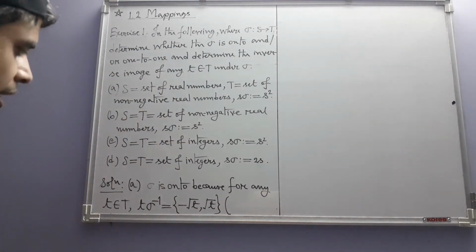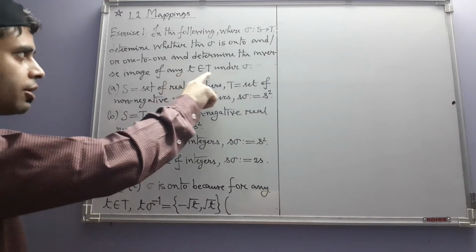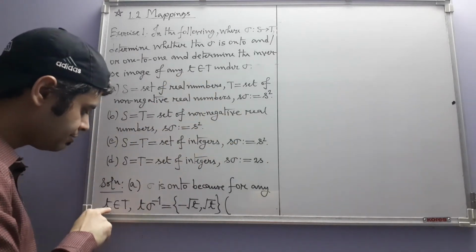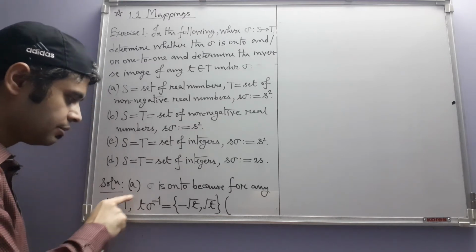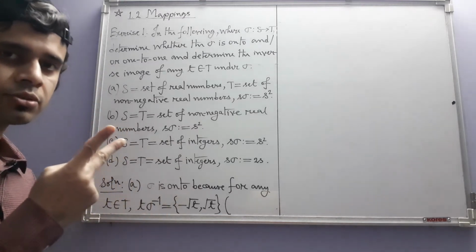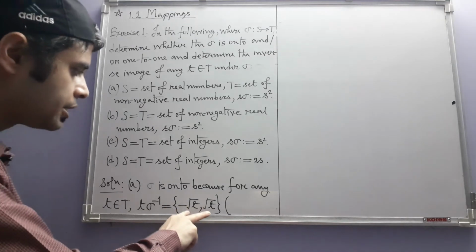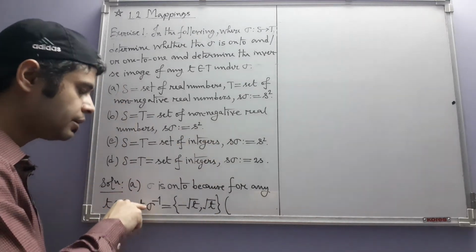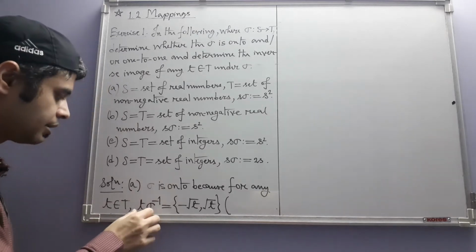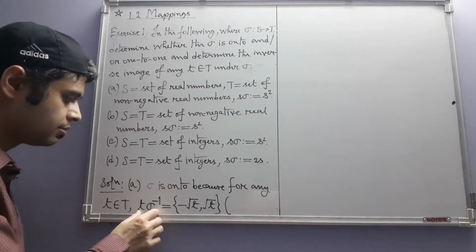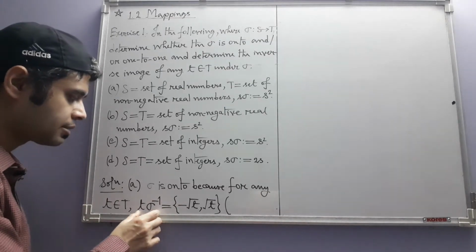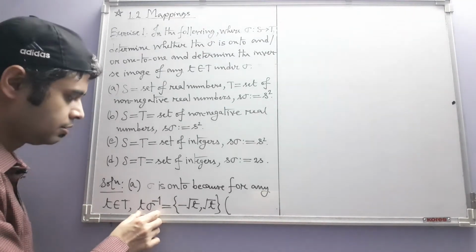So here what we have written is that for any t belonging to T, that means for any non-negative real number t, it has 2 square roots which are actually the inverse images of t under the function sigma. Note that we are denoting that by a symbol which Herstein has not defined.